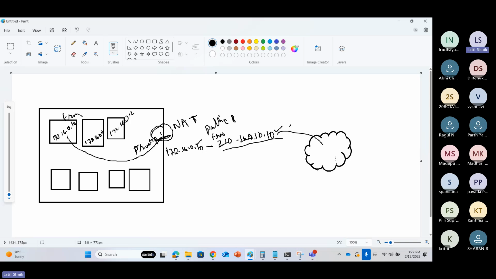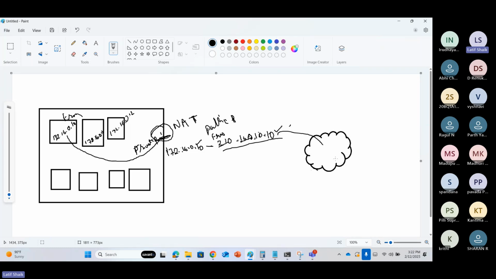What is NAT? Network address translation. It maps your private IP, inside IP, to outside IP addresses. So you are communicating with your public IP address whenever you are communicating in public. In the private network, you can use your own private IP address.